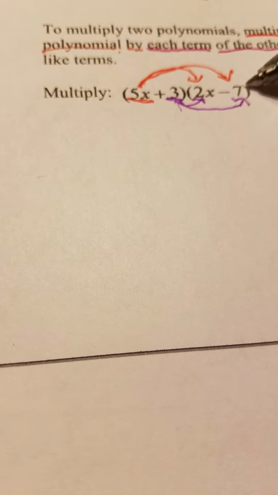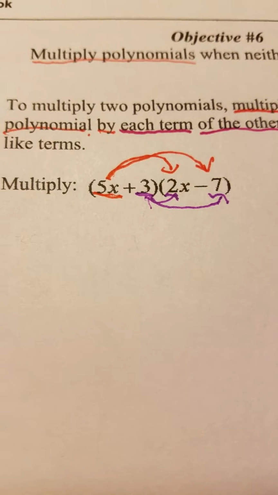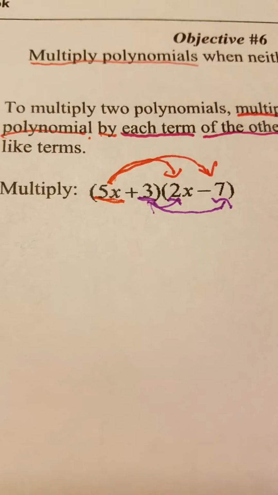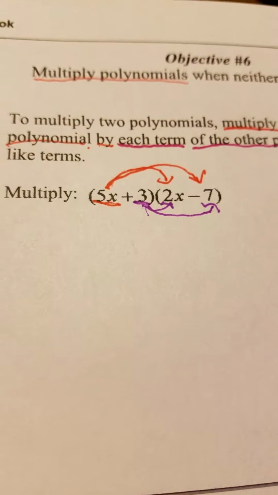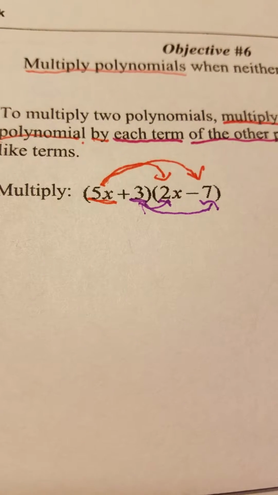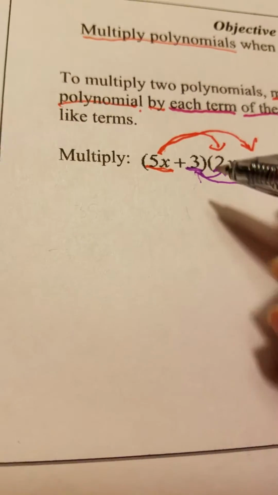I don't know why we have a binomial times a binomial here, because there's actually a shortcut for that, but we'll just go ahead and do what you do generally. Okay, so first you multiply 5 and the 2x.